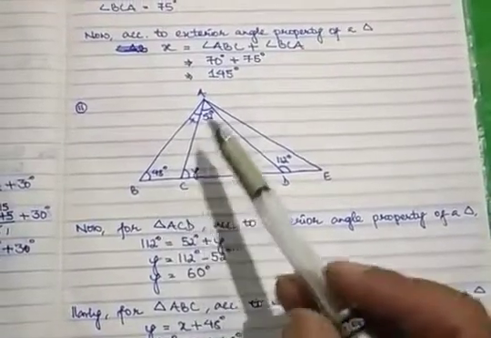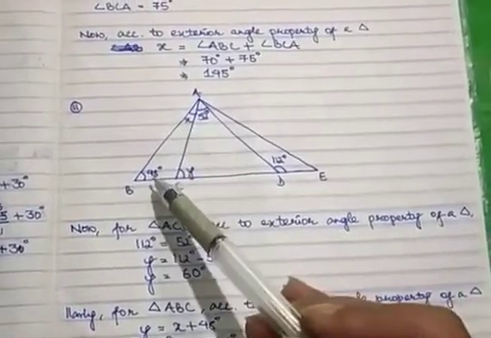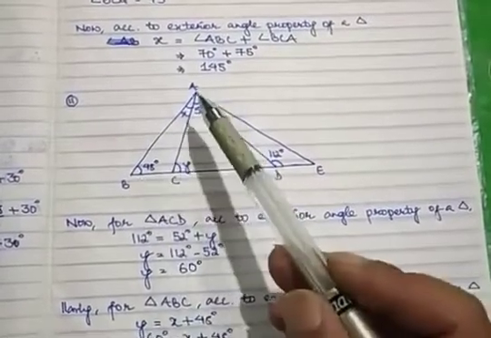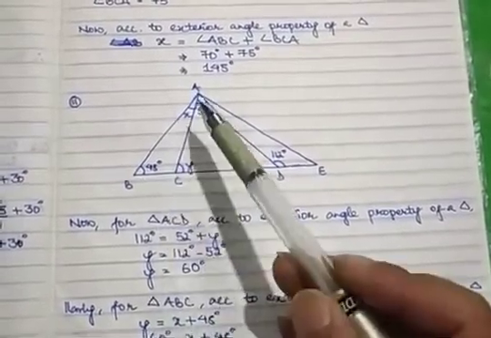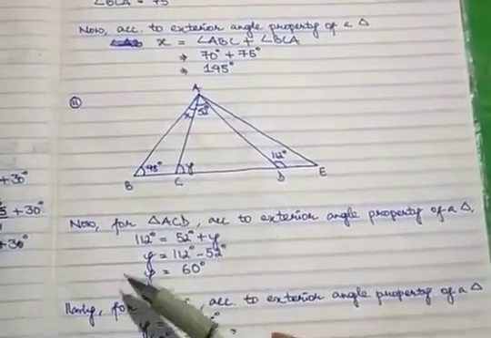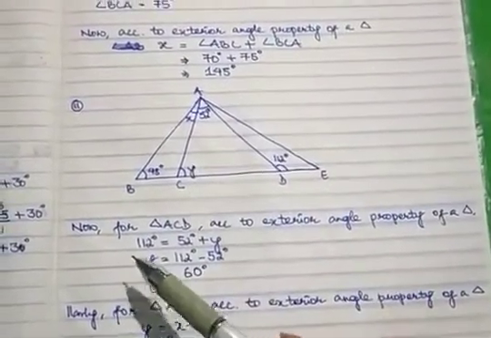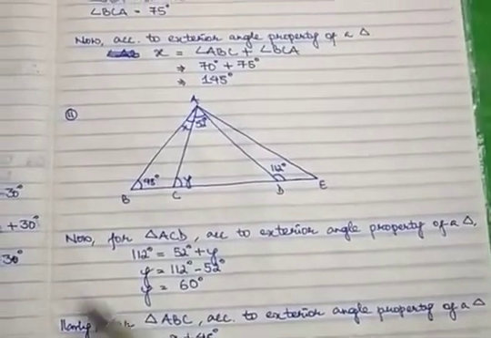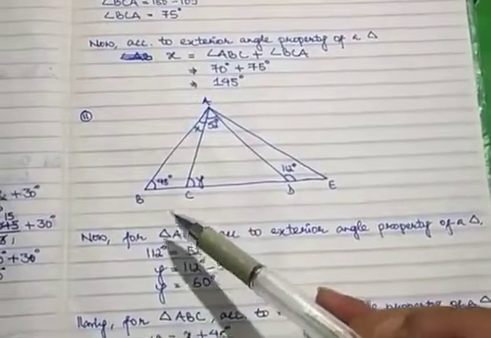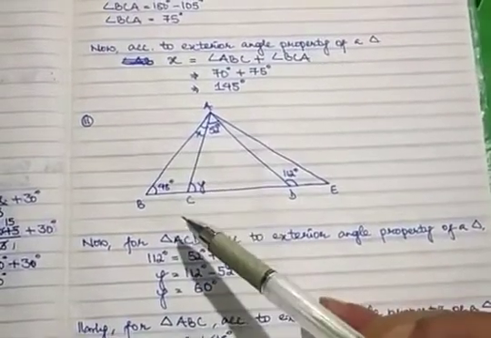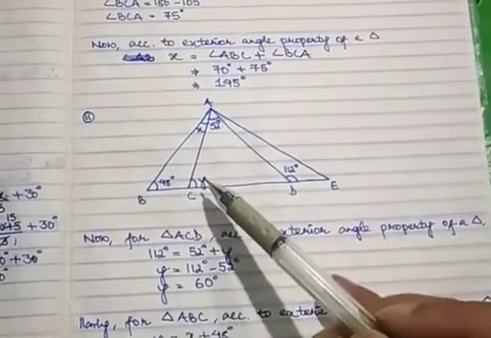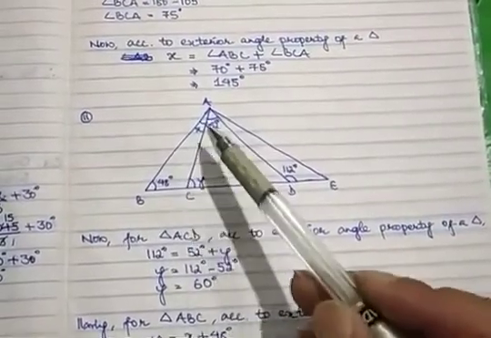Now again, I see x out here, 48 in here. Look at triangle ABC. ABC is also a triangle, isn't it? For this triangle, y is the exterior angle. This is how you need to look at the figure. For triangle ABC, y is the exterior angle. Now according to the same property, the exterior angle property, an exterior angle will be equal to the sum of its interior opposite angles.